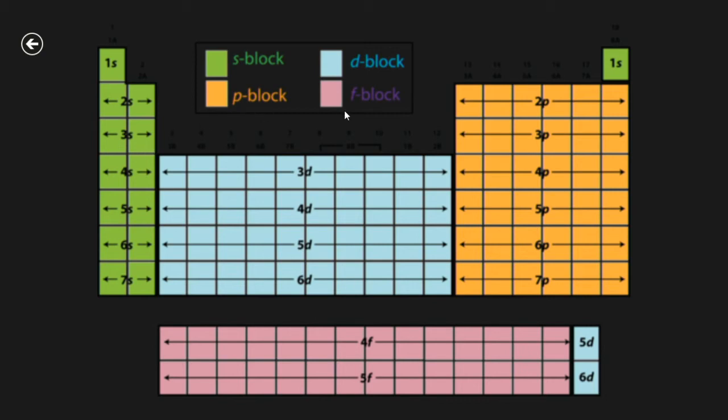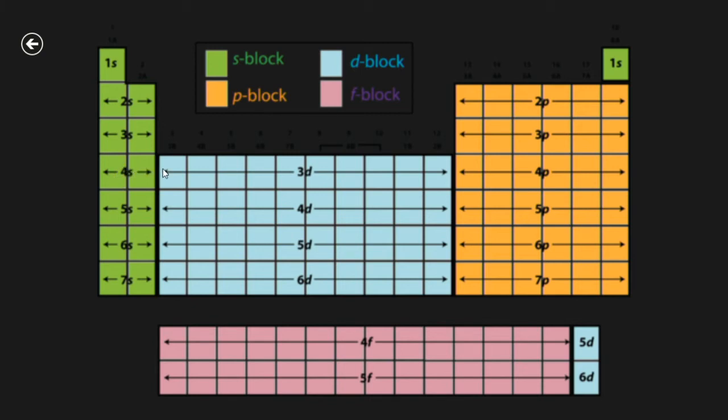Then you start filling the 3p orbitals. So you got 3p1, 2, 3, 4, 5, and 6, because remember, 2 electrons per shape. Then you move on to the 4th energy level, 4s, which holds 2. Remember, the s orbital holds 2, so this shape holds 2. You got 4s1, 4s2.